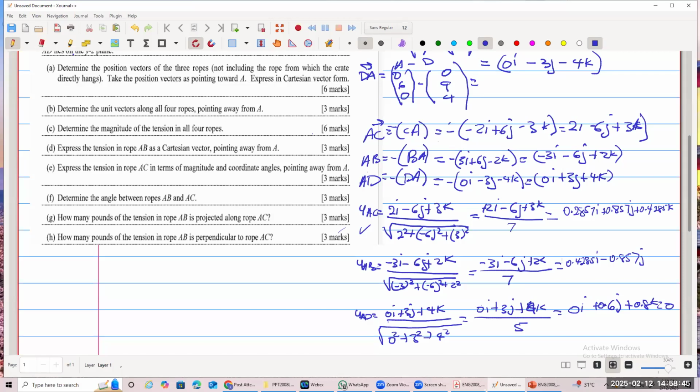We can round them off a little bit and work with 3 sig figs. So you have positive 0.857, supposed to be negative. Yeah, let me check the signs. Oh, thank you. Yeah, so this is positive.